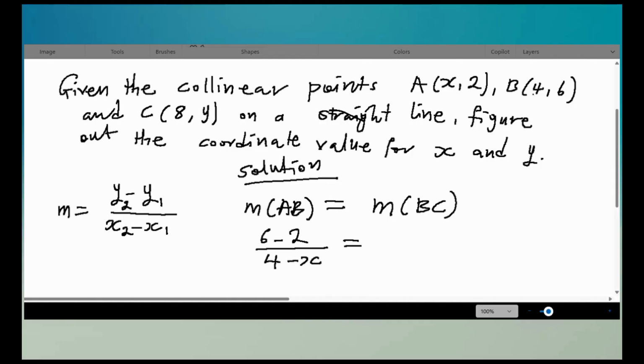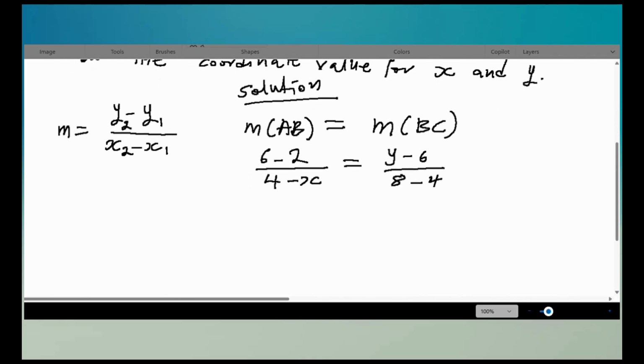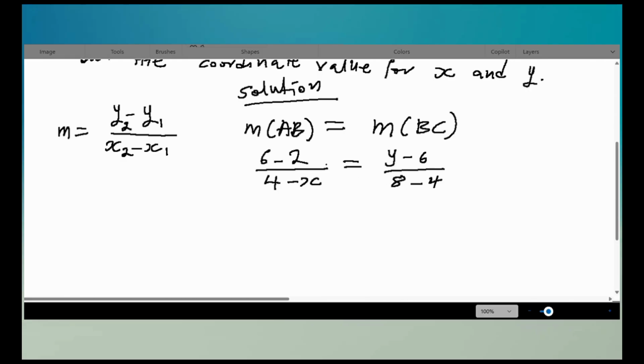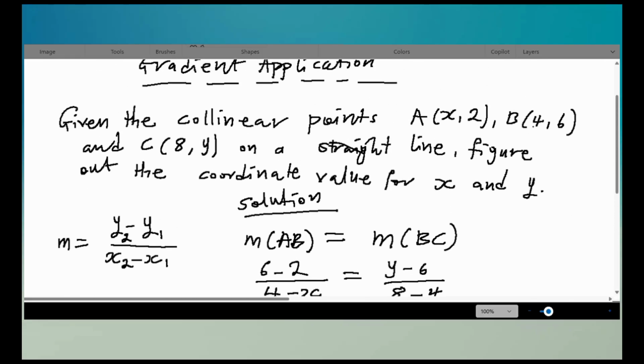So we find the change in y considering BC. So our y2 is going to be y, and then minus the y1, which is 6, all over x2, which is 8, minus x1, which is 4 from B.